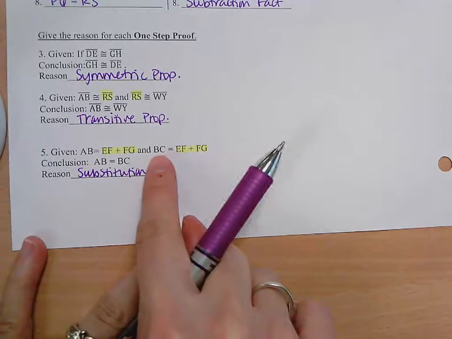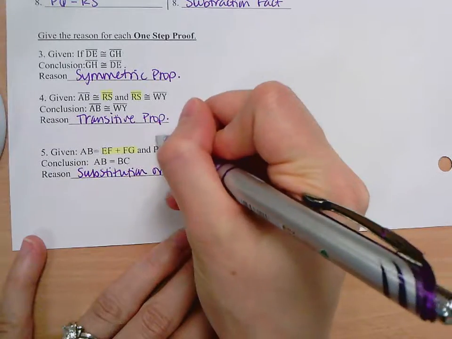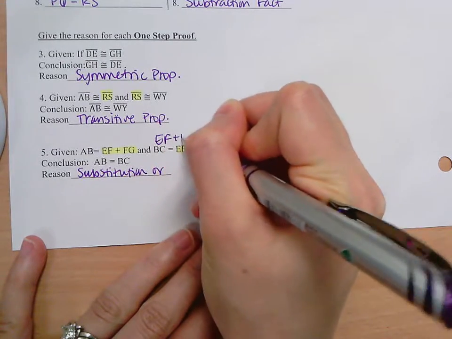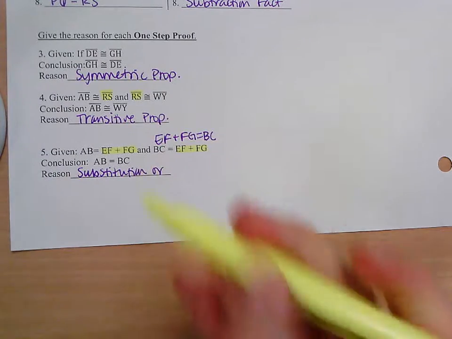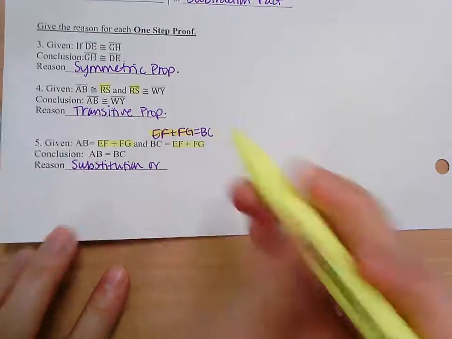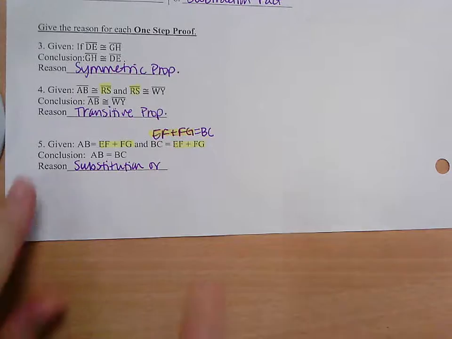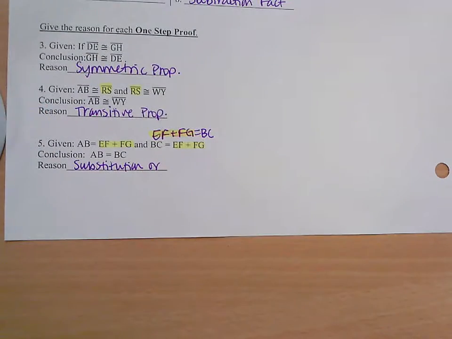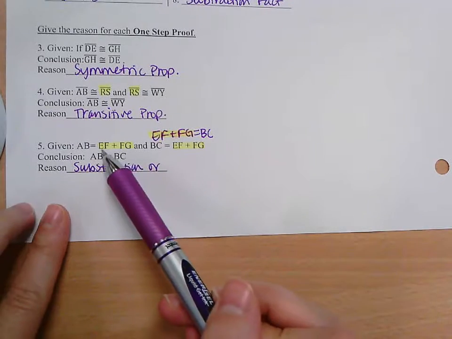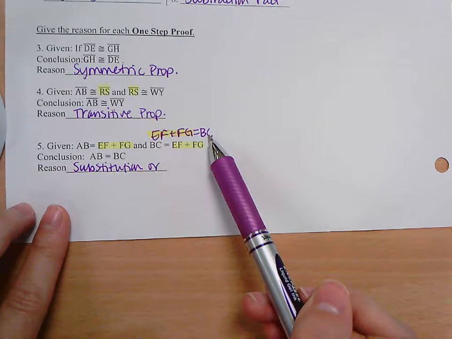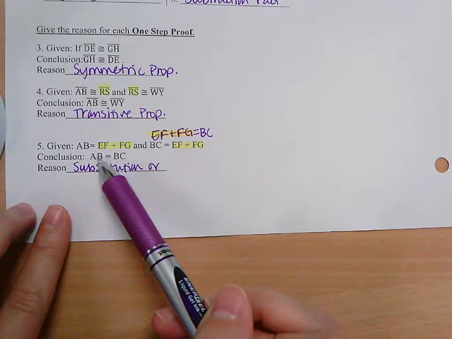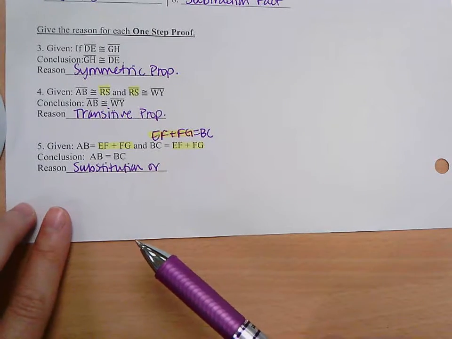Let's say I switch this around. EF plus FG equals BC. So look at that and look at what I have above. So if AB is equal to this, and this is also equal to BC, then AB and BC are the same.